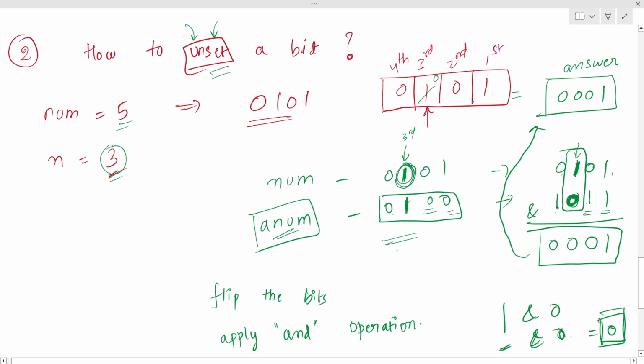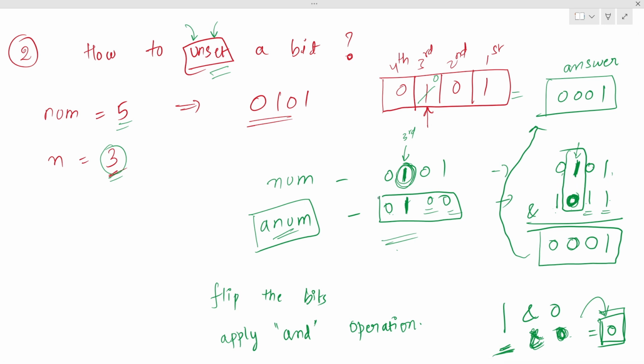Why? If it contains 0, then we can apply AND operation with 0 and make it 0, because if you apply AND with 0, whatever the left hand side is, it will definitely give you an output of 0. That means we are somehow trying to make it unset. So that is the idea.